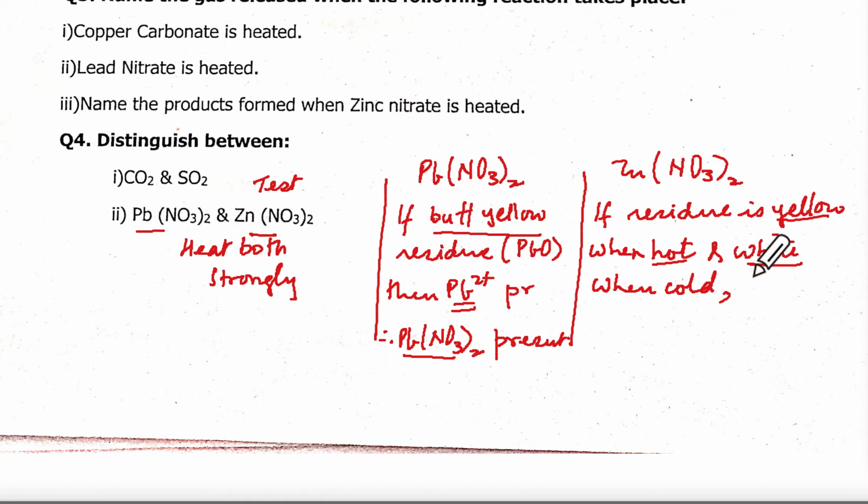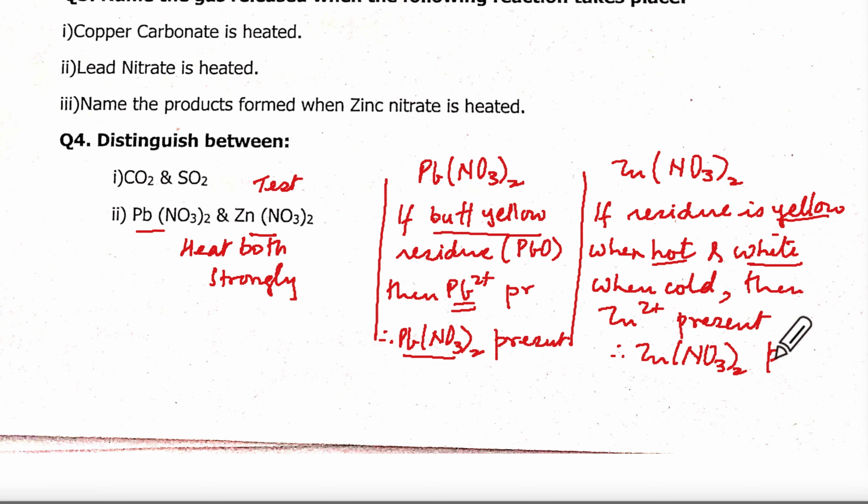Correct. Then Zn2+ present. Therefore, Zn(NO3)2 present. Okay, now write over there.